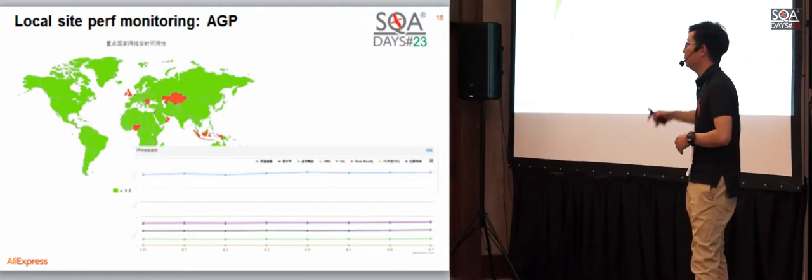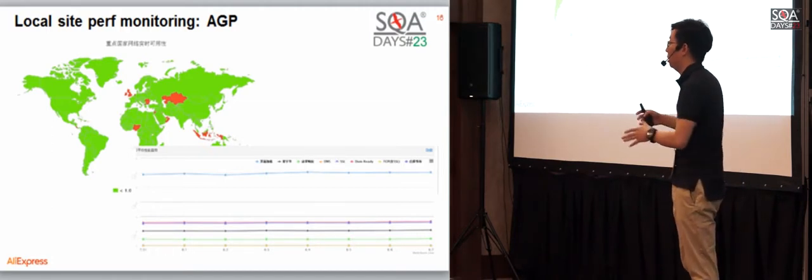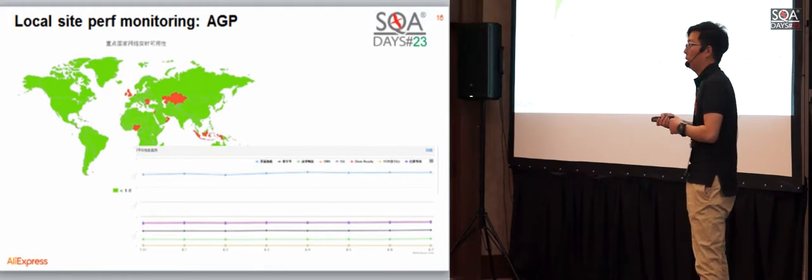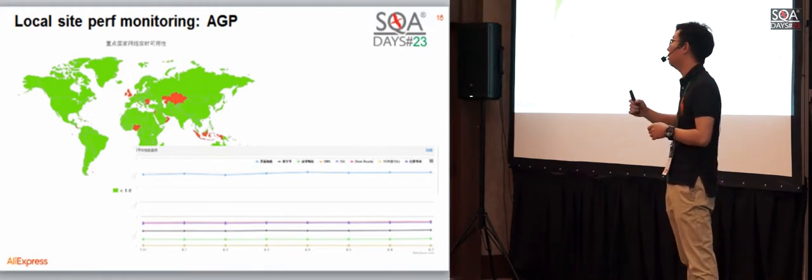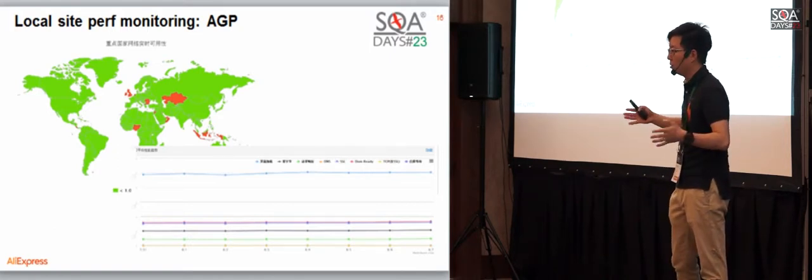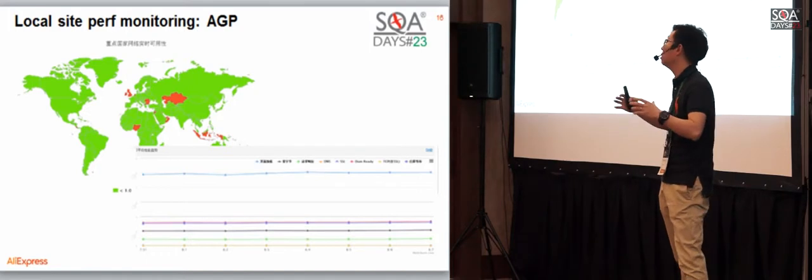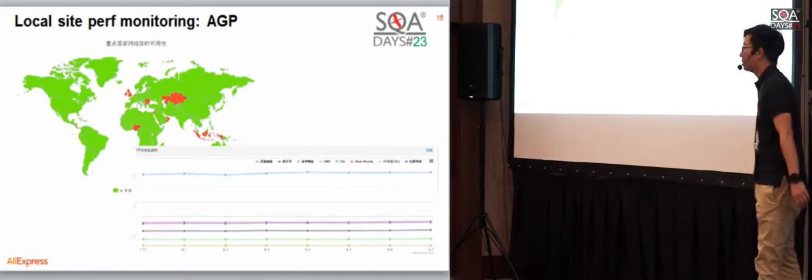All the performance tests we do are on our service backend side, but some applications, for example the detail page and the search list, are front-end applications. Okay. Thank you very much.